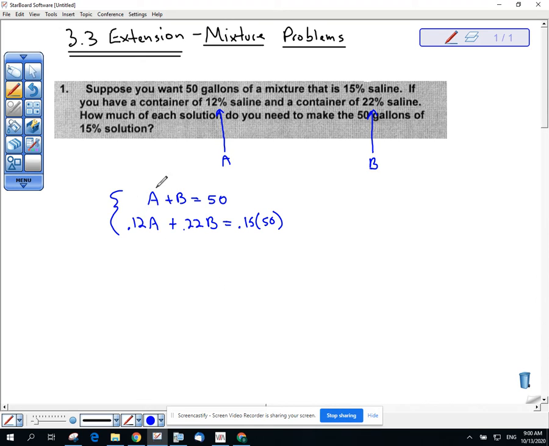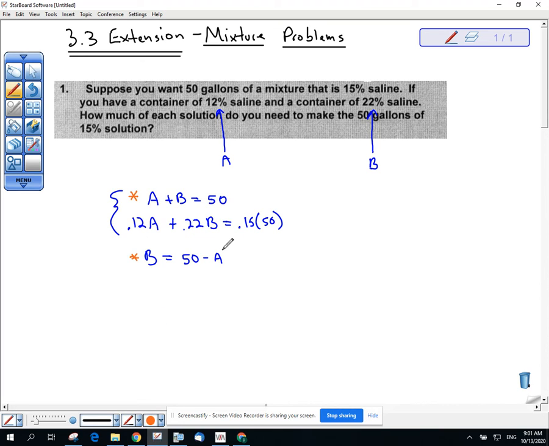Instead of doing that, though, I'm going to use substitution, because with one simple step, I could subtract A from the first equation. So this first equation could also be written as B is equal to 50 minus A. Just to be clear, this equation and this one are equivalent.